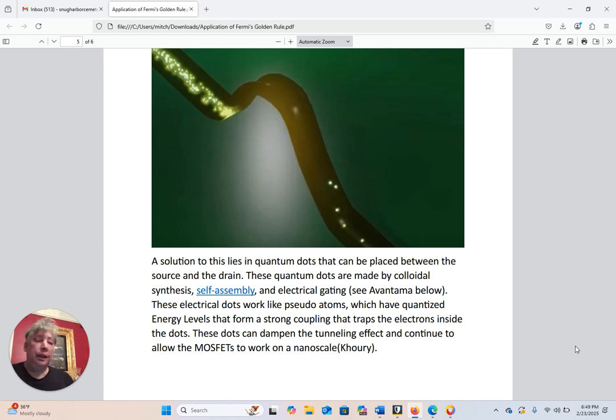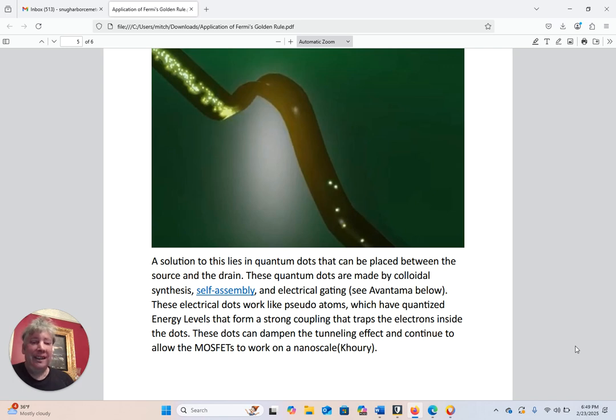That's really created an industry: forming these quantum dots in our transistor, or whatever we're working on. These quantum dots form a strong coupling with the electrons and allow the electrons to seamlessly transition into what we call a prison for them.